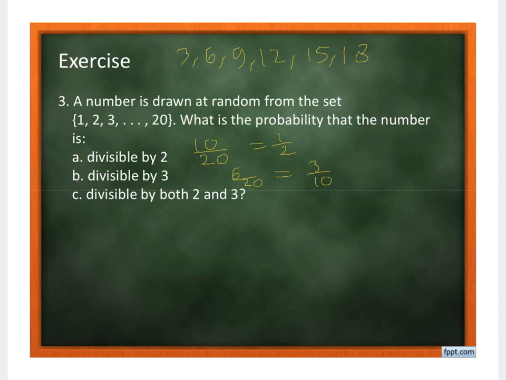Divisible by both 2 and 3. The numbers divisible by both 2 and 3 are 6, 12, and 18. So the probability is 3 over 20.